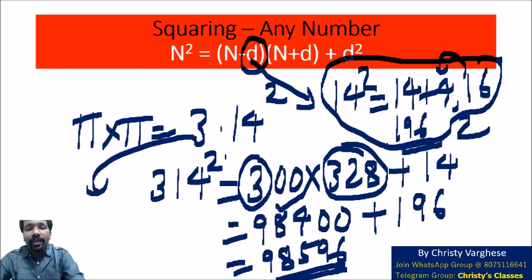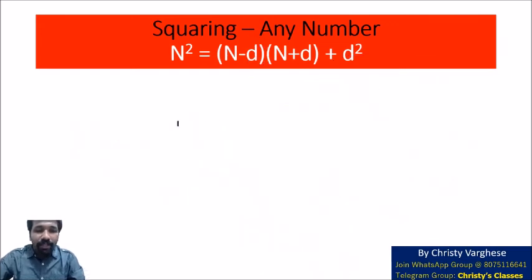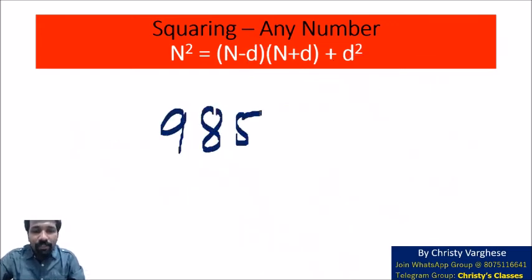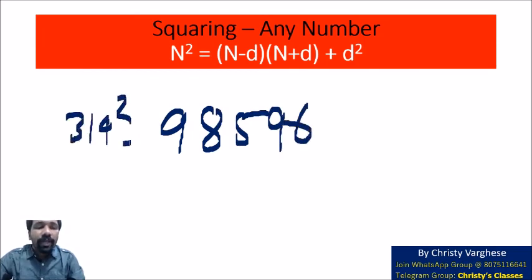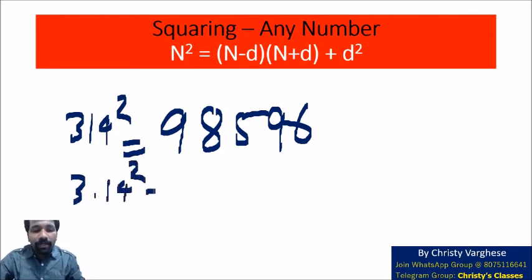So now the only remaining thing is shifting of decimals. 3 square is 9, that is an easy way to shift decimals. Let me tell you how to shift decimals fast. Once you got 314 square is 98596, we want 3.14 square. In school days, some of you may have learned that 2 decimal places here means in squares there will be 4 decimal places.